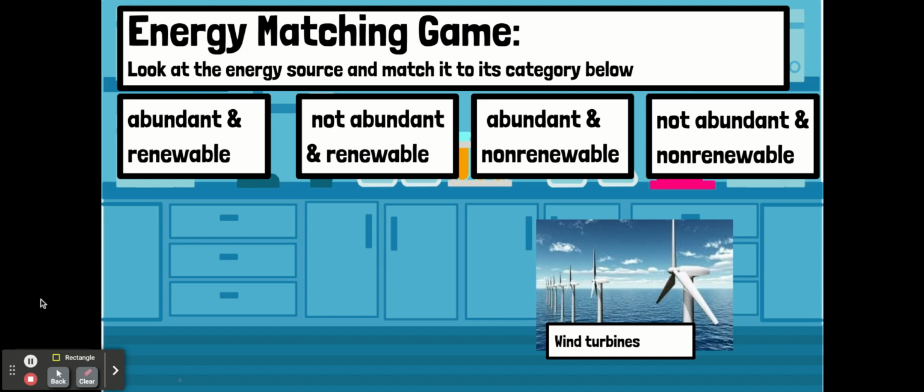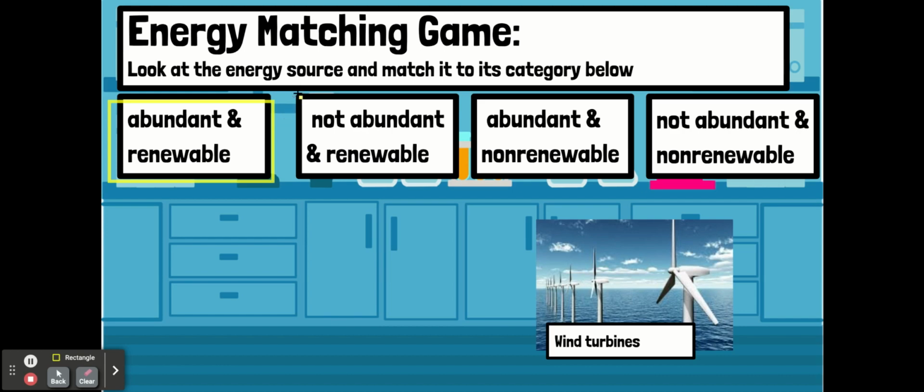The first category is abundant and renewable. That means that it may just be the easiest, cheapest, and best option, right? If something is abundant, that means there's a lot of it. And if it's renewable, that means nature automatically provides it, right?